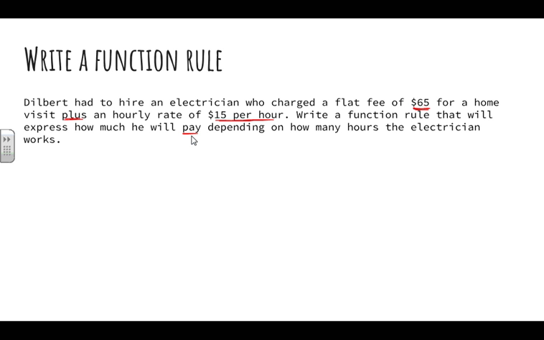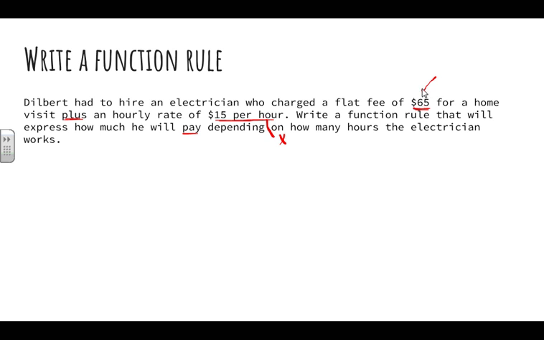All right, so if we look at this, we have $15 per hour. The amount of hours is usually our x, since we've got something that's going to be multiplied, 15 per hour. You see that word per, you should know that this is multiplication or division. So this is going to be our x. Okay, $65 is a flat fee.